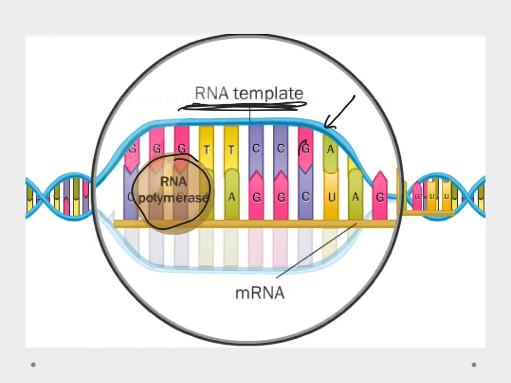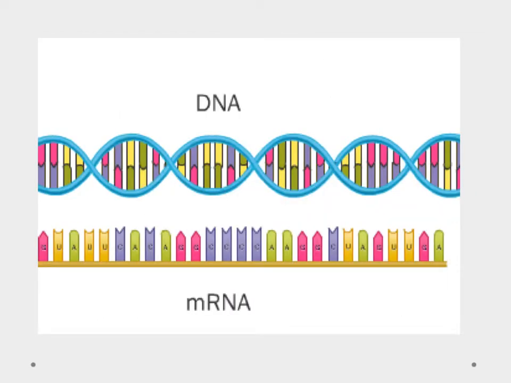Okay, here we have a guanine matches to a cytosine, and a cytosine to a guanine, and a thymine to an adenine. But notice here we have our adenine, and now it matches up with uracil instead of thymine. So this uracil is what makes it that RNA, okay? And we're forming a single strand of mRNA. And remember, RNA is going to be a single strand, DNA is a double strand.